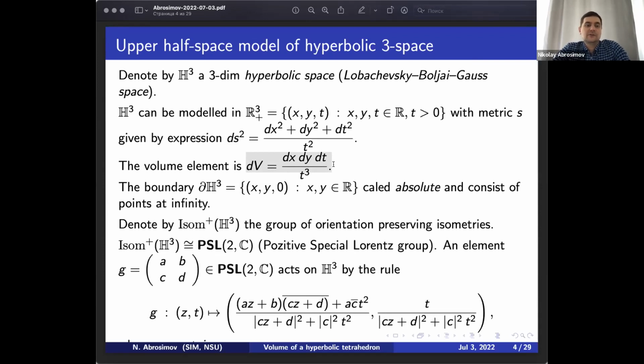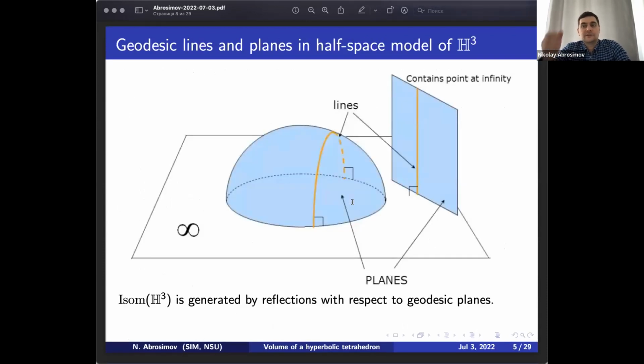The boundary of the upper half-space model of H3 is called the absolute and consists of all points at infinity. And due to this definition, we have the following picture for geodesic lines and planes in the upper half-space model of hyperbolic three-space.